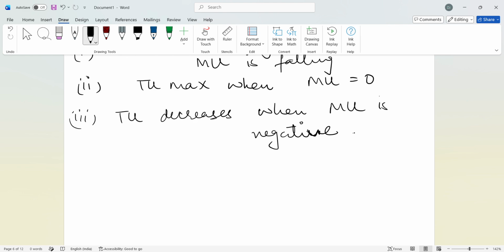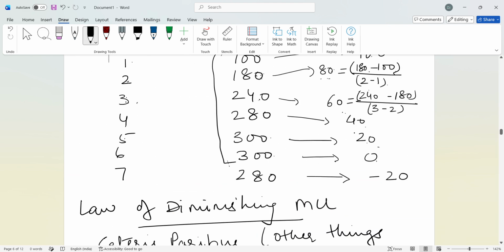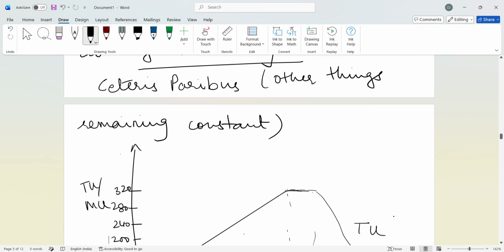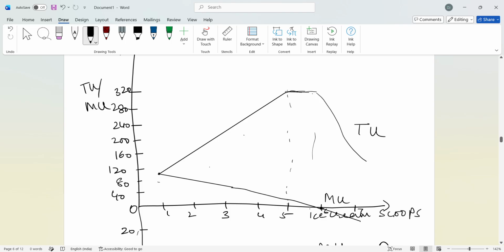All right. So I'll show this on the table as well. So TU starts declining from here, 300 to 280, and your marginal utility turns negative. That's what the relationship between total utility and marginal utility is.